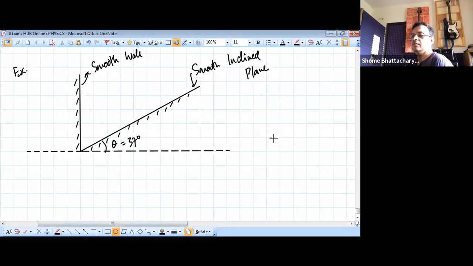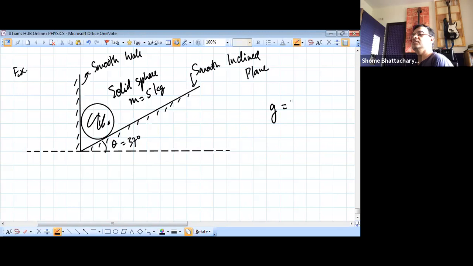Now what is happening is we have a spherical ball which is rested like this. This is a solid sphere of mass 5 kg and take g as 10 meters per second square.